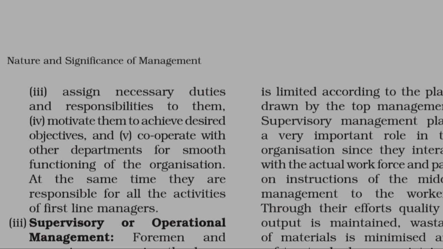The employees must be motivated to achieve the desired objectives. Last but not the least, they have to cooperate with the other departments also for the smooth functioning of the organization. For the betterment of the organization, they have to cooperate with the other departments also, so that nobody will get confused about the work.